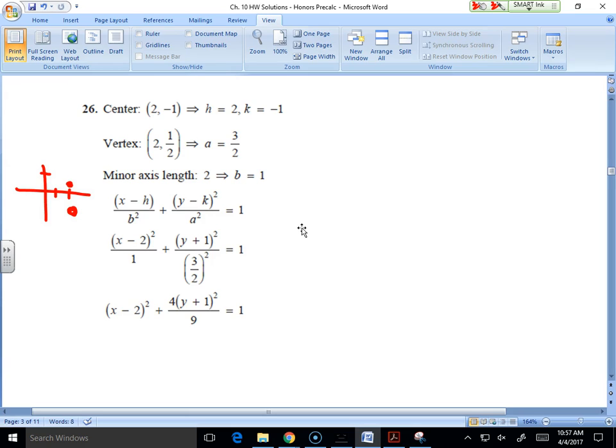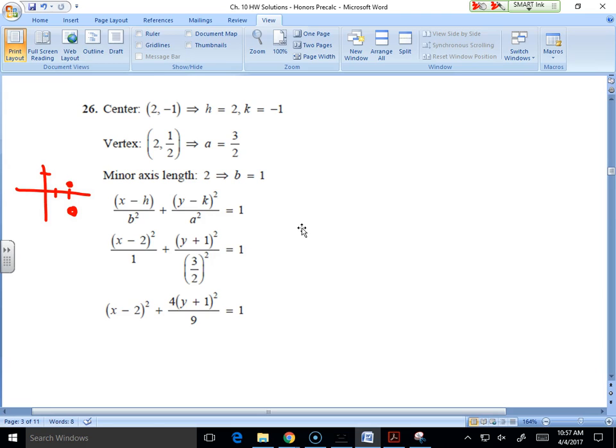And if that's the vertex, and yesterday I talked about how the vertex was on the major axis, then you would have known that this A needed to go underneath the y, underneath the vertical, because it's going up and down instead of right and left. Or if you had compared the two, you could have figured out which one was smaller, which one was bigger. But the key as to how to put each of these variables, with 3/2 going under the y and 1 going under the x, I think is found in the points and how they're oriented.